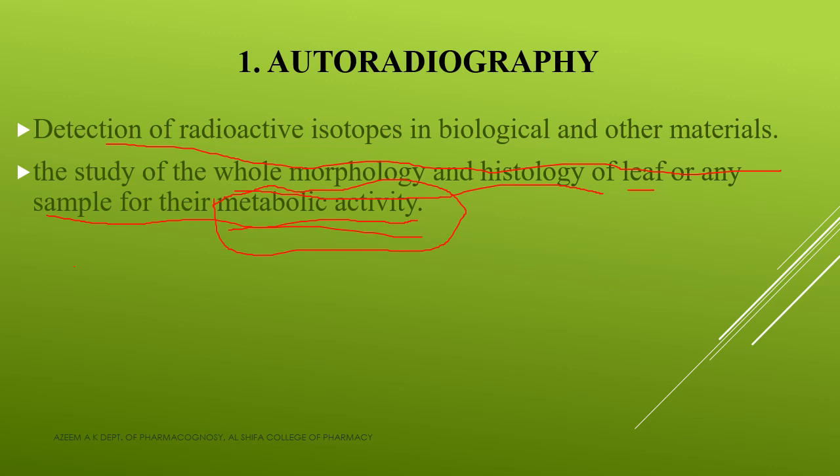Clear? So autoradiography is used in the detection of radioactive isotopes in biological as well as other materials, and in the study of whole morphology as well as histology of leaf or any sample for their metabolic activity.